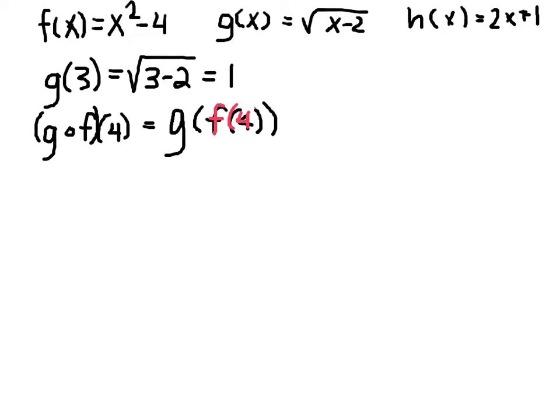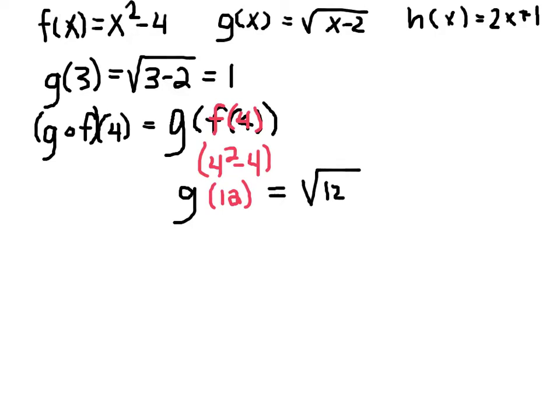And f of 4 is 4 squared minus 4, which is 12. So I did the inside. Now I'm going to do g of 12. G of 12 is the square root of 12 minus 2, which is the square root of 10. So for composition of functions, you work yourself from the inside to the outside.